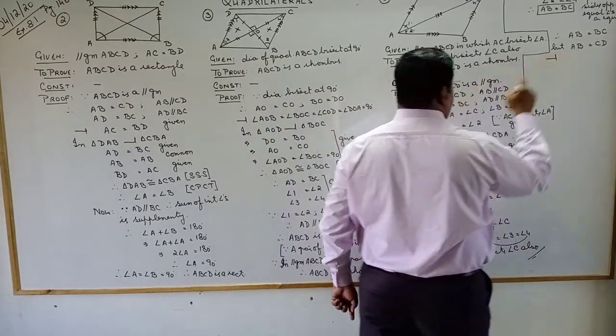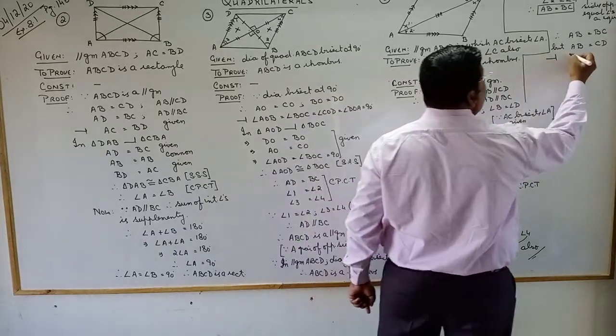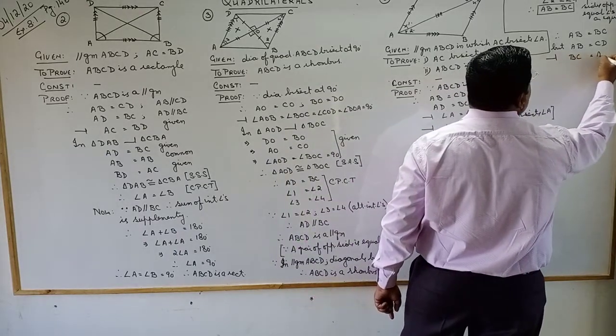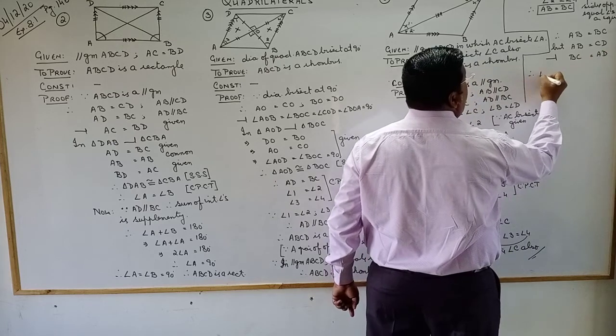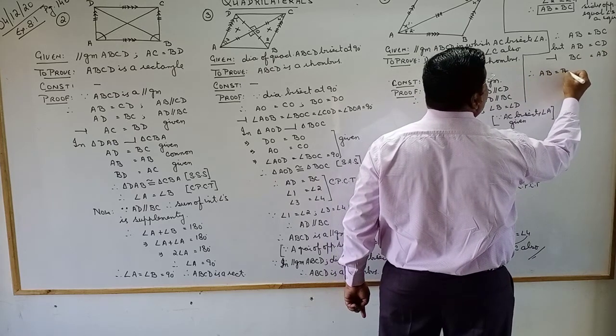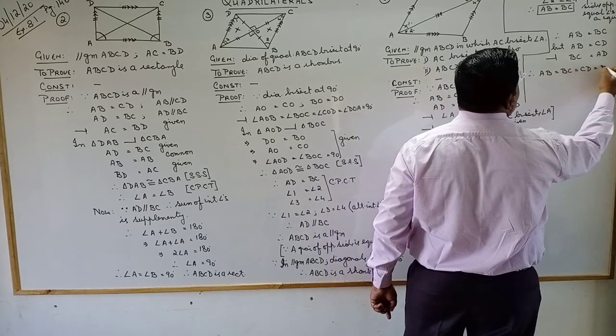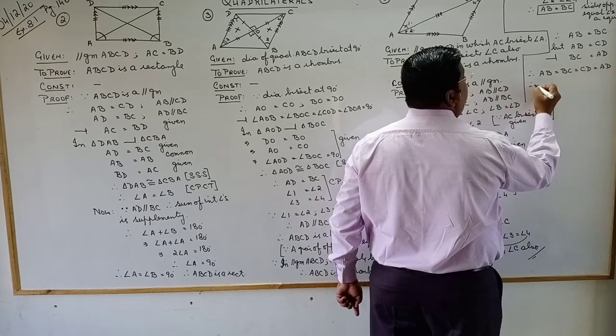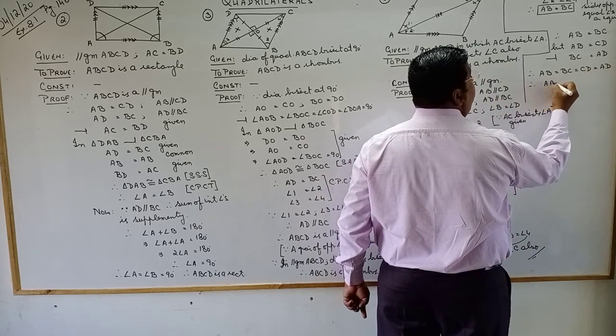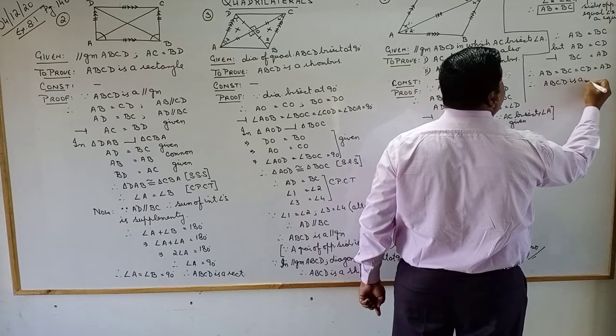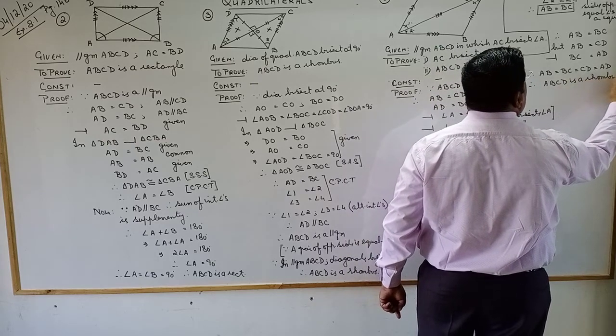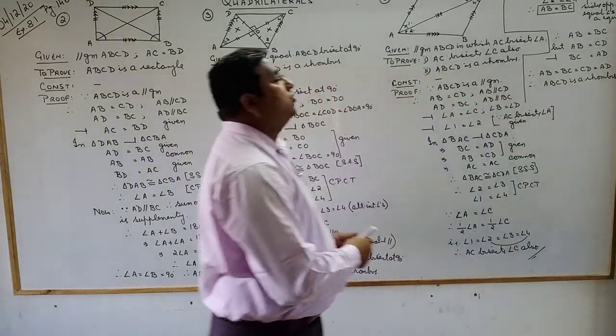And BC is equal to AD. So therefore, AB equals BC equals CD equals AD. So therefore, ABCD is a rhombus. All sides are equal.